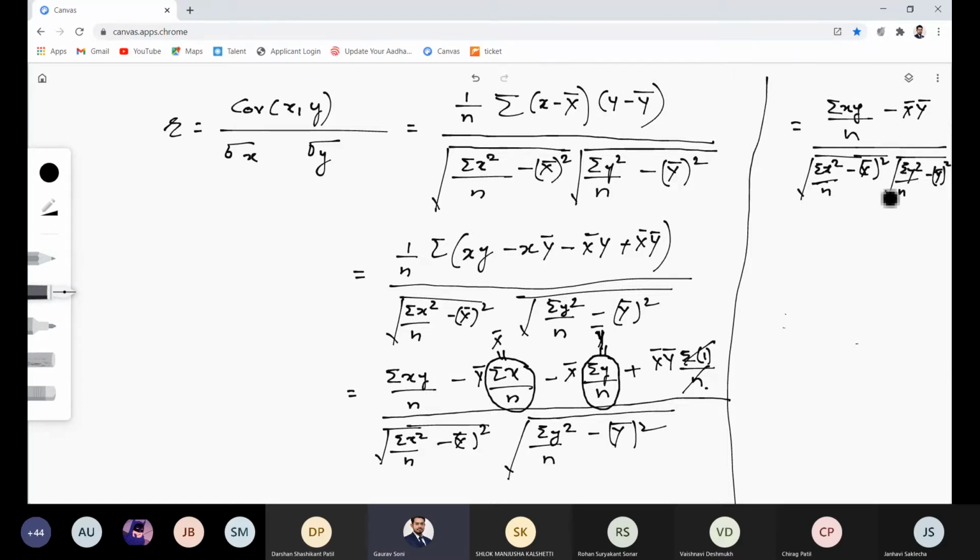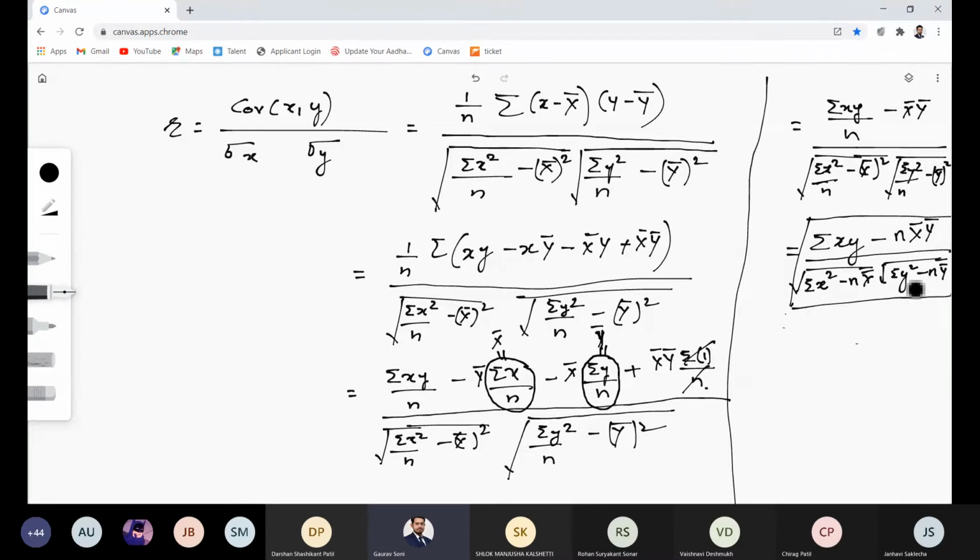Again you can cross multiply n and simplify this. So the final formula that we get is summation xy minus n times x bar y bar upon under root summation x square minus n times x bar square, summation y square minus n times y bar square. So this seems actually easier to find the correlation.